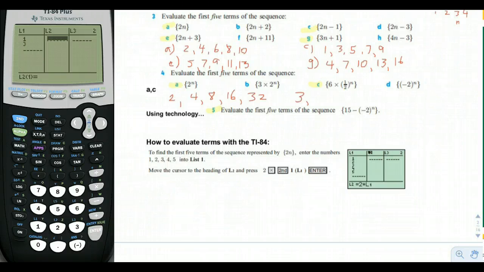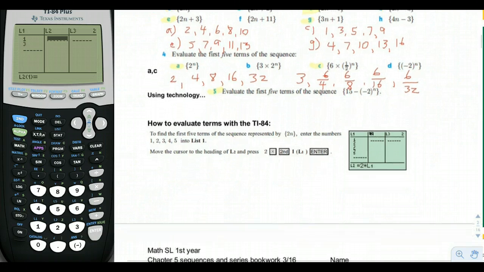The second one would be 6 times 1/2 to the second, that would be 6 divided by 4. And then the next one would be 6 divided by 8, and 6 divided by 16, and 6 divided by 32.